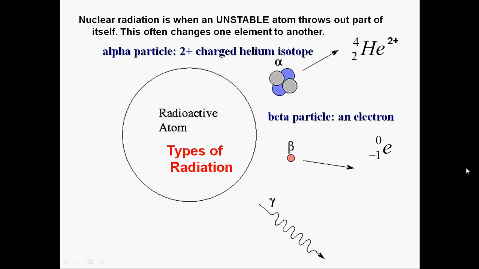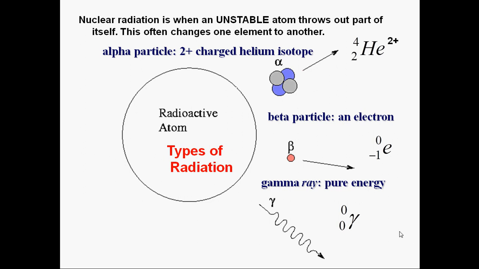A third thing that it can spit out is a gamma ray. Now, if you recall from a couple of units ago, a gamma ray is a very high energy electromagnetic wave. So in other words, what it's really doing is just spitting out energy. We can think of it that way.